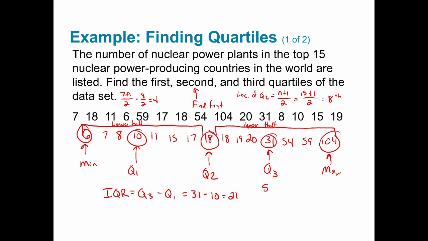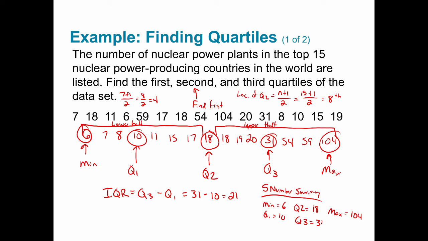So our 5-number summary in this case is going to be our minimum, which is 6, Q1, which is 10, Q2, which is 18, Q3, which is 31, and the maximum, which is 104.